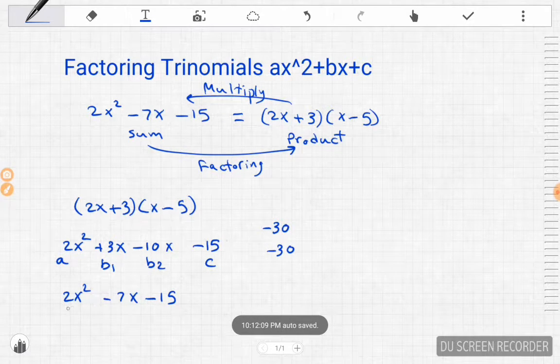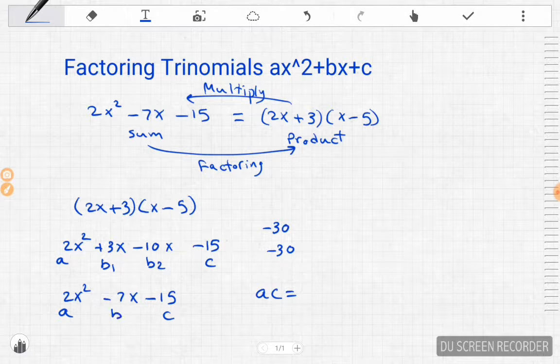But now I understand that if you multiply A times C, that has to be equivalent exactly to B1 times B2. Well, this is the trick that I'm going to use. If you want to reverse the order, I need to find 2 numbers. You see, I take the negative 7x and split it into positive 3x minus 10x.